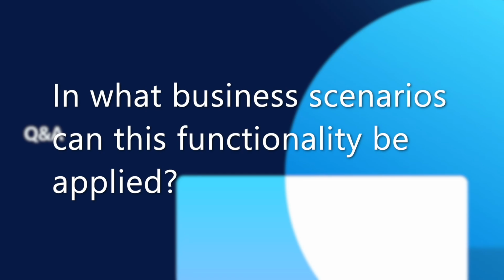The second question is, in what business scenario can this functionality be applied? Yufei, you want to take that? Yeah, I would assume the top use case might be customer support. If support representatives are always on the move and need access to the inventory, then this mobile app is a handy way for them to get that information.